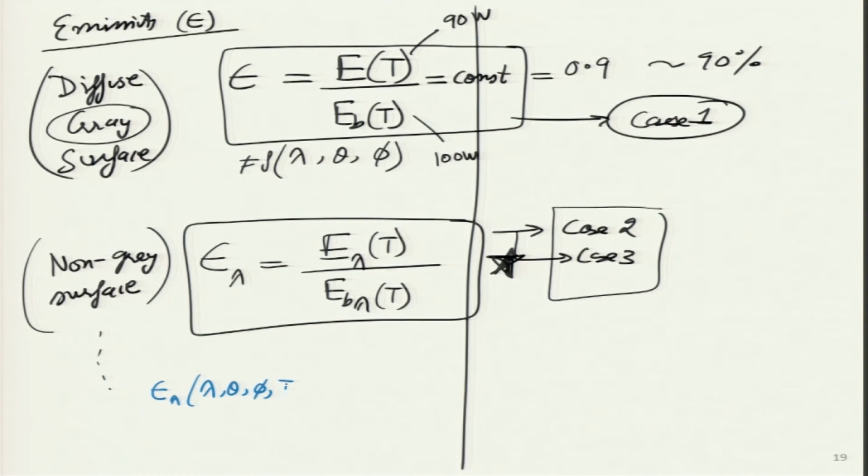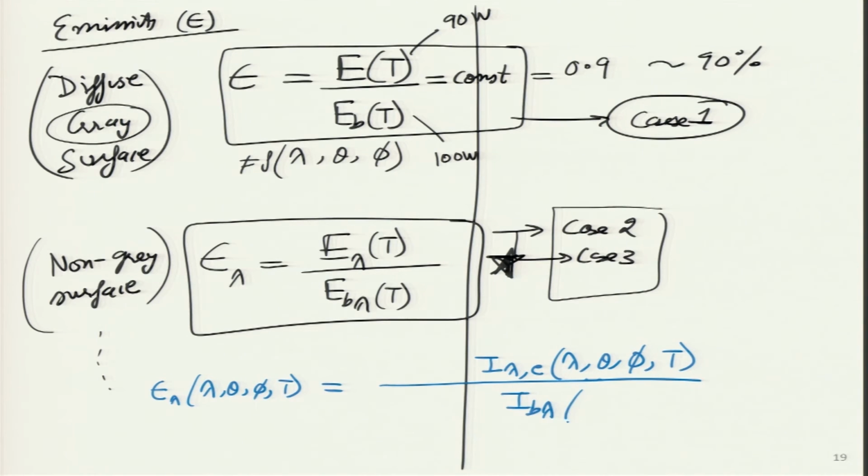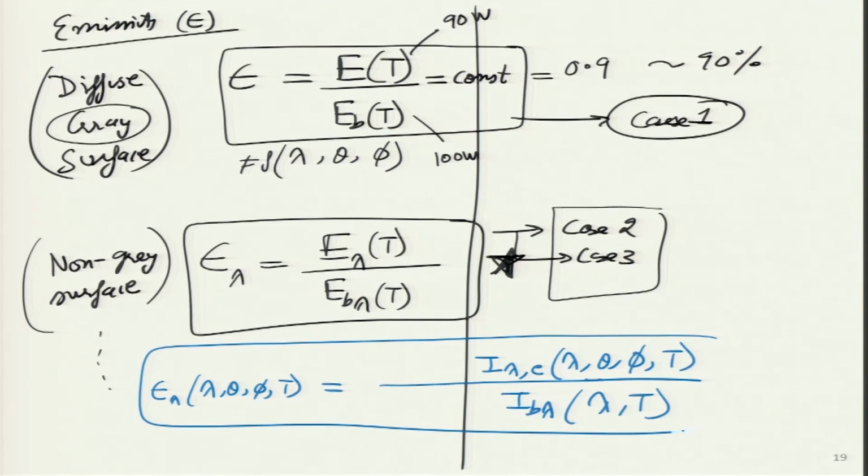Theta, phi and T is a function of the ratio of two numbers over here, theta phi T divided by I b lambda comma T. So, this is the most general form, and what will its name be? This is the spectral emissivity, the directional dependent spectral emissivity.